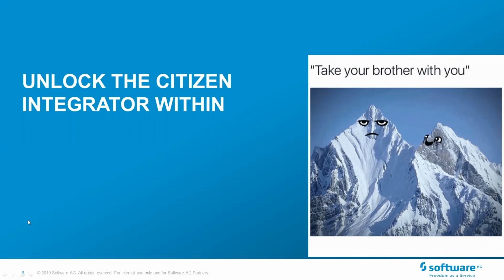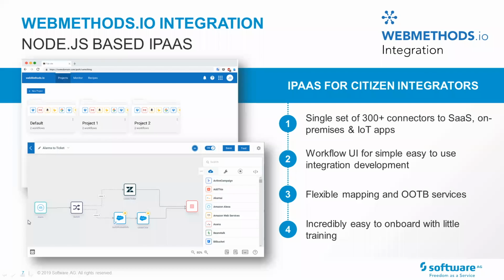And in a lot of ways, this is why we built webMethods.io Integration, which is our Node.js-based iPaaS. This is an iPaaS optimized for citizen integrators. We have over 300 connectors out of the box, which makes it really easy to quickly adapt to a SaaS application. We have a workflow UI, which I'll take you through today, which is very simple and easy to use for an integration developer.